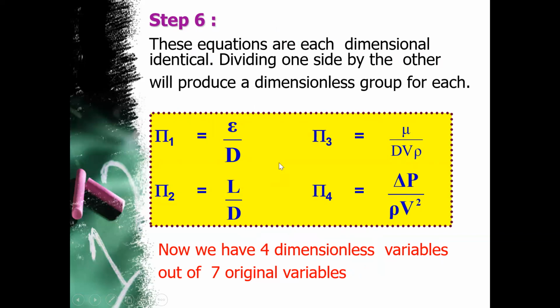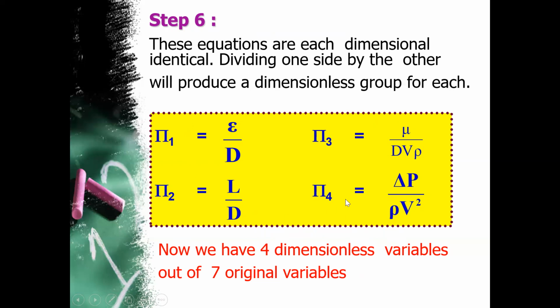And therefore, of 7 problem variables, we managed to reduce it to 4 dimensionless groups. So this one would be simplifying the whole relationship, right? All of the variables, the relationship between all of the variables.